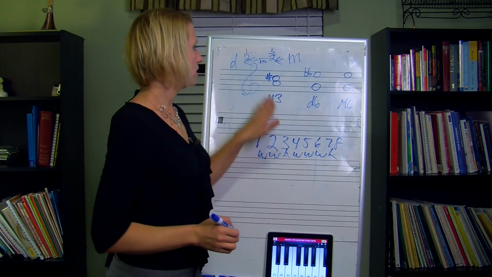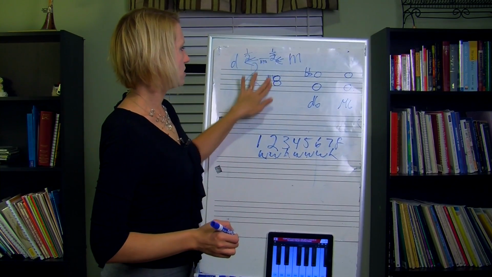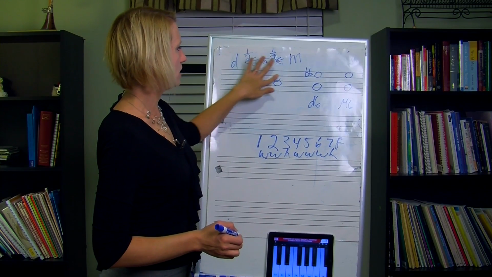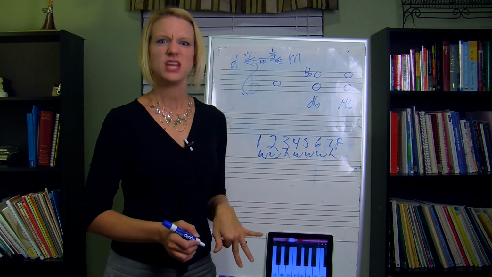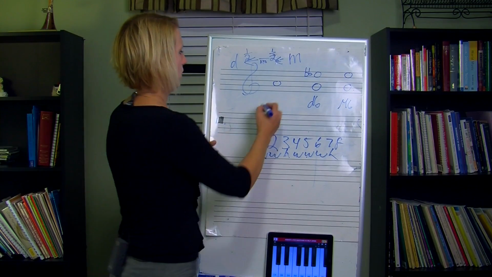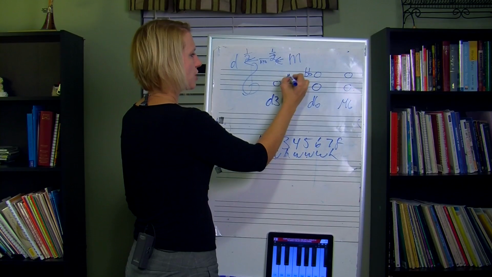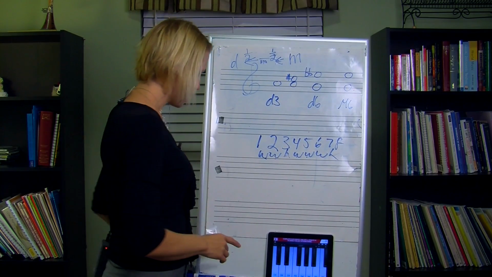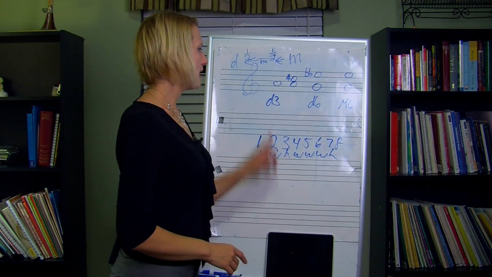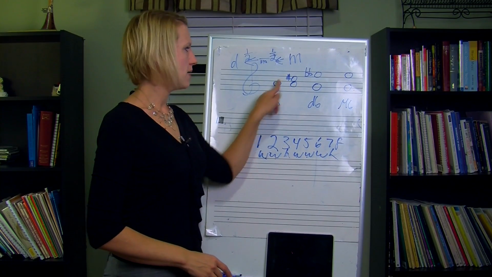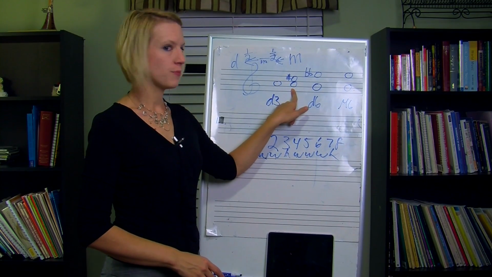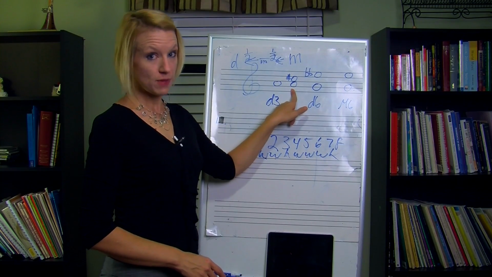Now, what happens if you needed to know not the major, but a diminished third from A? We just said out loud the major was A to C sharp. Now you've got to think, if I need a diminished, am I decreasing this by a half step? That would be if it was minor.